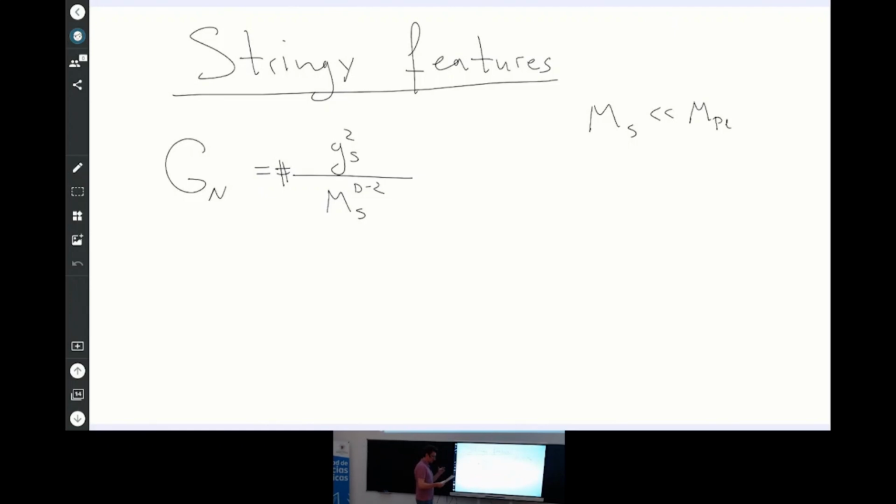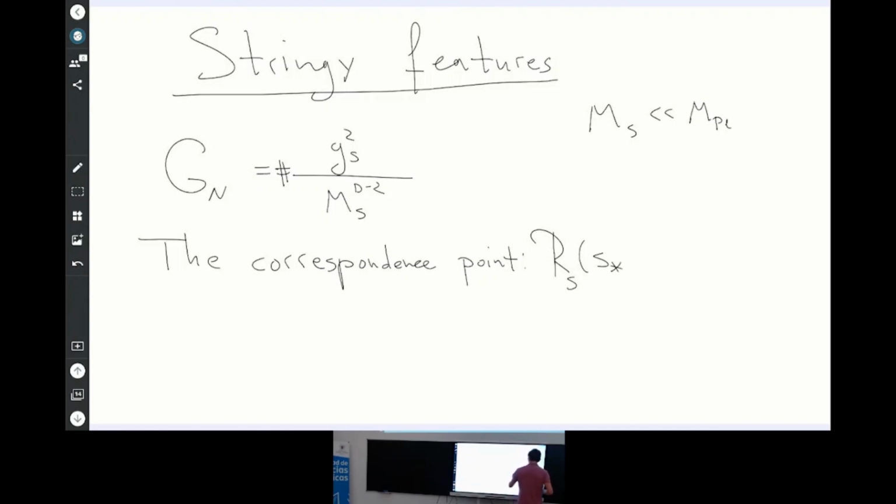And one natural scale that we have to consider is the correspondence point. This is some energy, S star, at which the Schwarzschild radius is equal to the string length. Here, L_s is 1 over M_s.